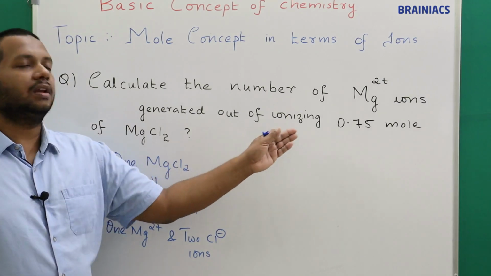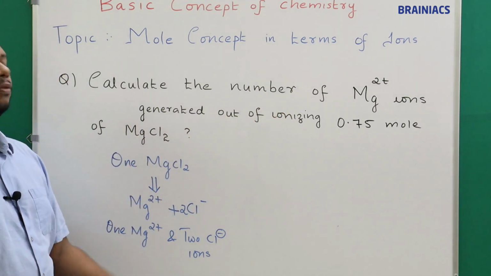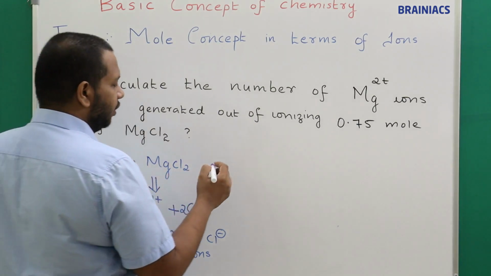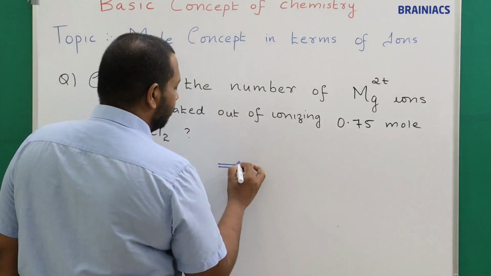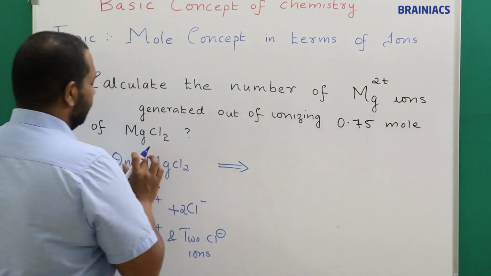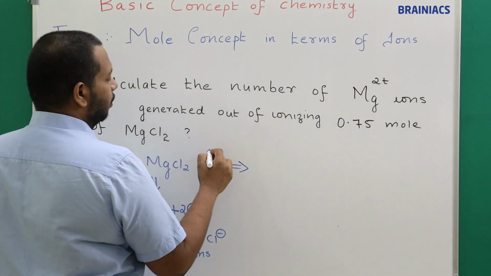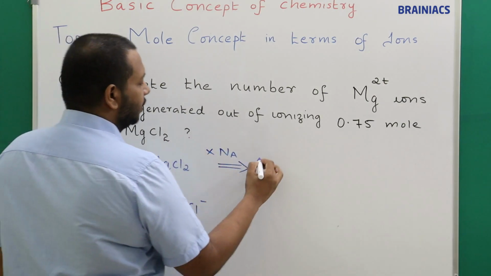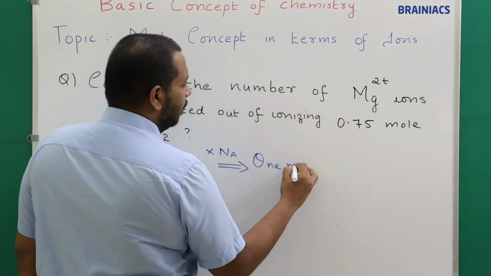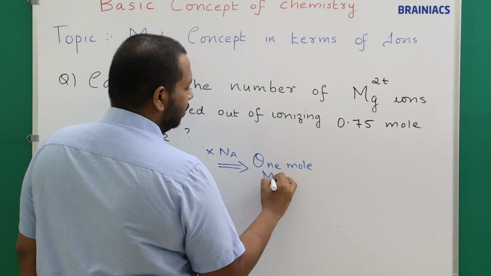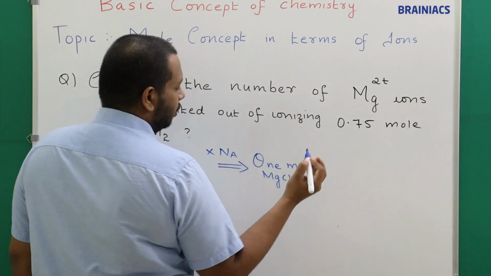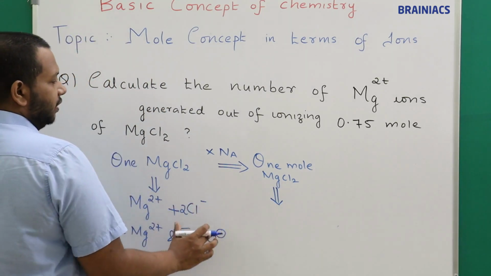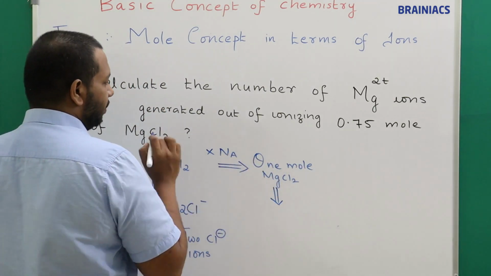And they are asking me in 0.75 mole of MgCl2. Correct. So again maybe I can do it by converting this to 1 mole first. To convert it into 1 mole, multiply by Avogadro number. So tell me this on ionizing, don't split it again. 1 mole means you multiply it by Avogadro number.